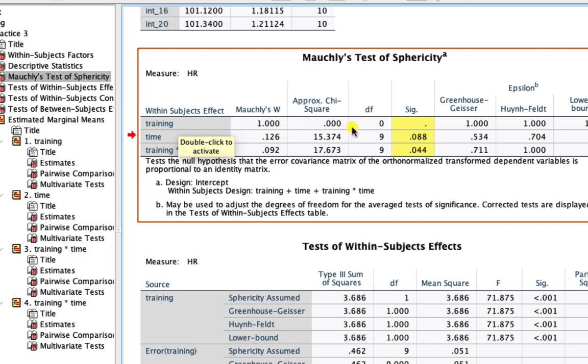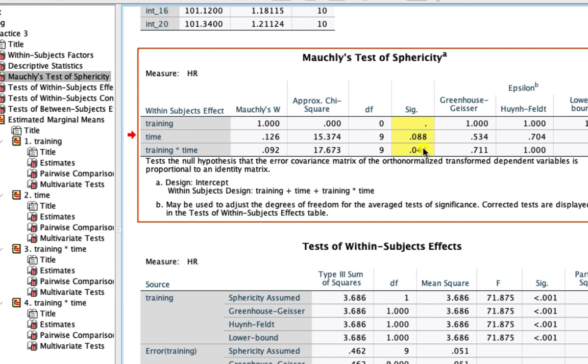Because there's no p-value and we only have 2 levels, we are going to assume that we have met sphericity for the training variable. The p-value for time is 0.088, which is larger than 0.05. So this indicates that we have met sphericity for our time points, which means we can read the sphericity assumed row for time in our ANOVA table.